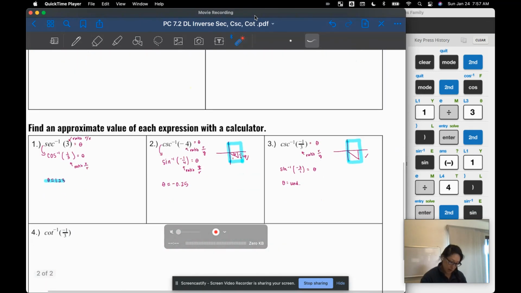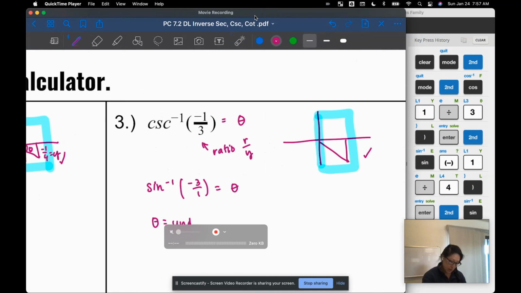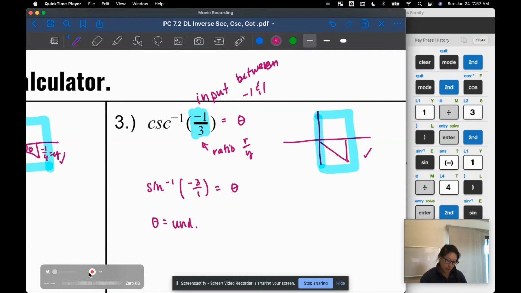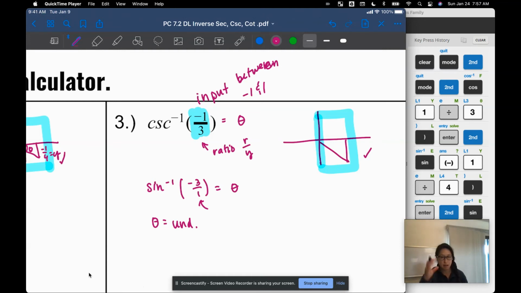When I go back, I see that my input is between negative 1 and 1, which is illegal. It's not part of the domain. So we can't calculate that. Another thing I noticed is that sine has a domain where all the values happen between negative 1 and 1, and so negative 3 is outside of sine's domain.